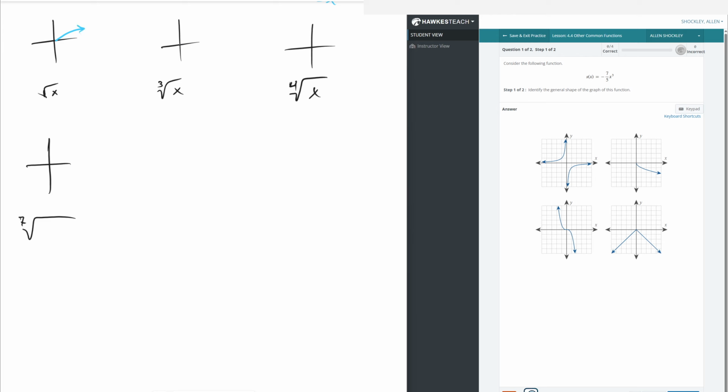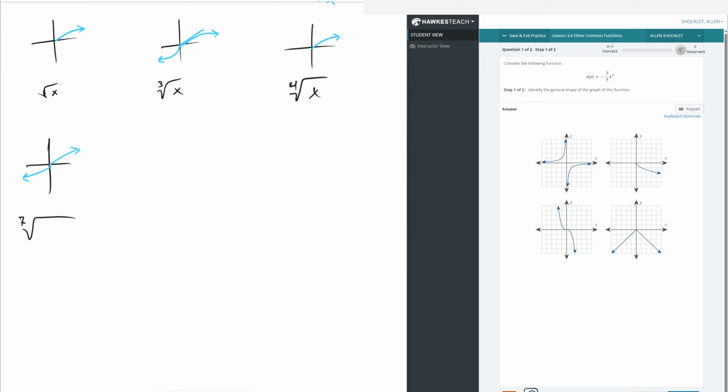A cubed root of x curves to the left, but it also curves to the right. This one, a fourth root of x, just has a top. A fifth root, a seventh root, a ninth root of x all behave the same way. I have this spot that goes off to the right, and I also have this little arc that goes back to the left.